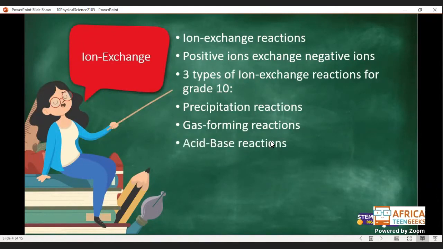I know yesterday the slides I had basic stuff on acid base, and then quite a number of you said, look, ma'am, we're not quite sure about this, and we went onto the whiteboard. So I'm busy at the moment fixing yesterday's slides with more information on acid base reactions for you. Yesterday, we also had quite a serious conversation about pH, and there was a little bit of unsureness about the pH scale.